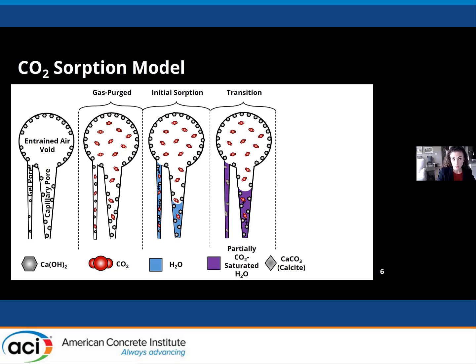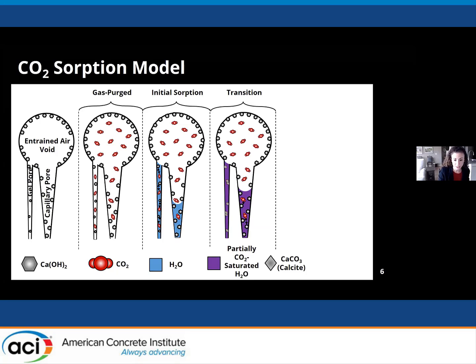Because CO2 can react with the calcium hydroxide present in the system, we're forming calcium carbonate. So it's a reactive absorption process that's happening. That's one thing. Two, as the capillary forces are taking over, we believe it reaches a transition point where the internal pressure within the larger voids is greater than that of the capillary forces.